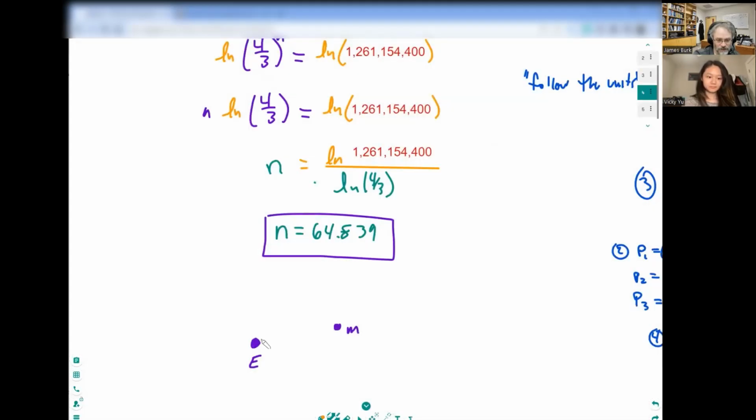Now, again, in order to get to the moon, it's 64.839, but n's not in decimal. It's an integer. So what I need to do is take this, round it up to make sure I get there.